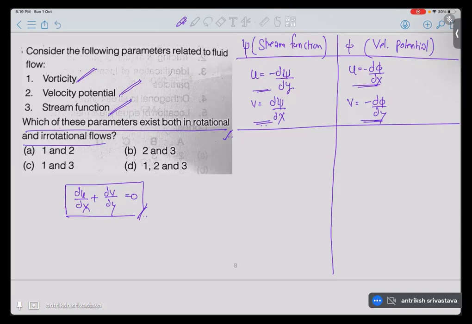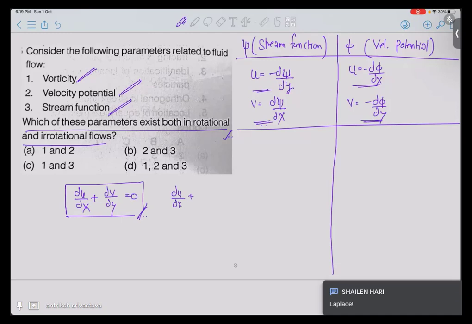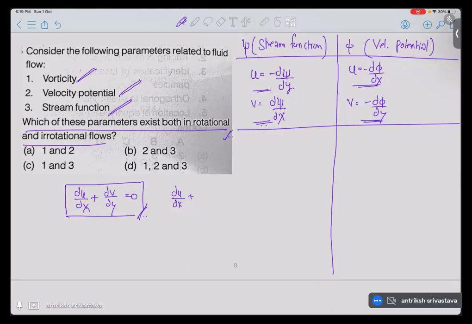Let me make it easier. Laplace equation is actually not the correct answer. Let me write this, let's see if this gives you a hint. What do you think now?